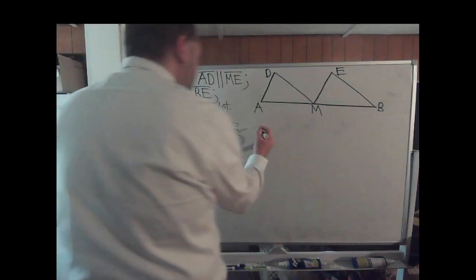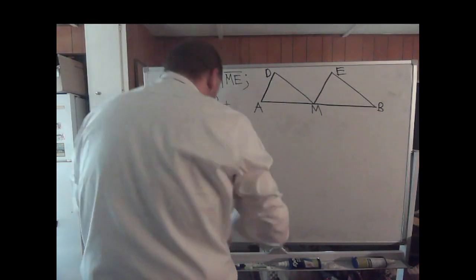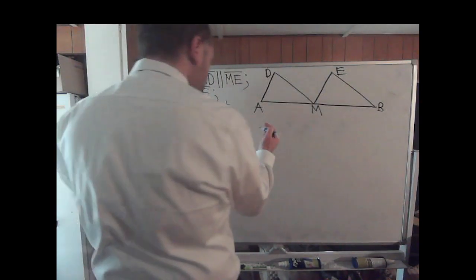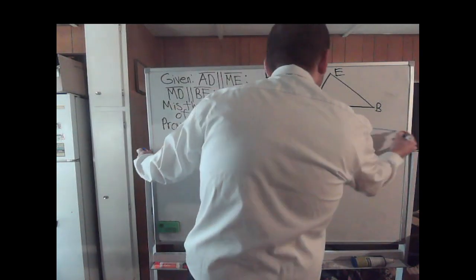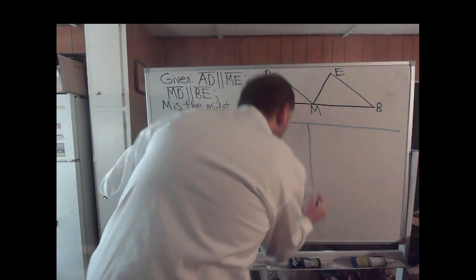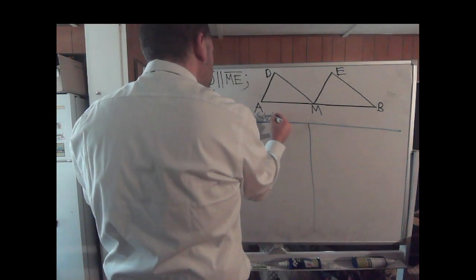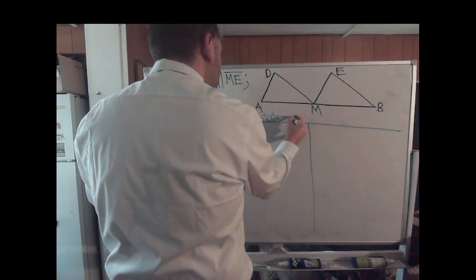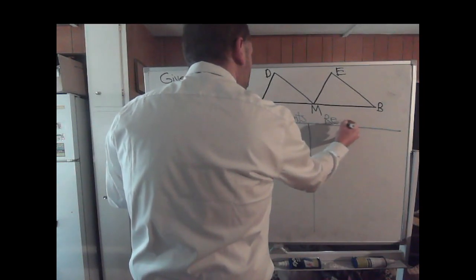I think for now, why don't we go ahead here, set up our columns. So let's go ahead and do just that. Set up your columns. We have statements on the left. We got some reasons on the right.